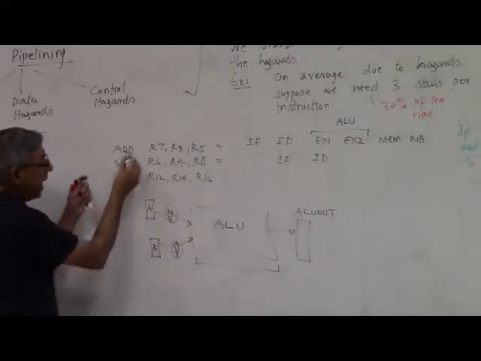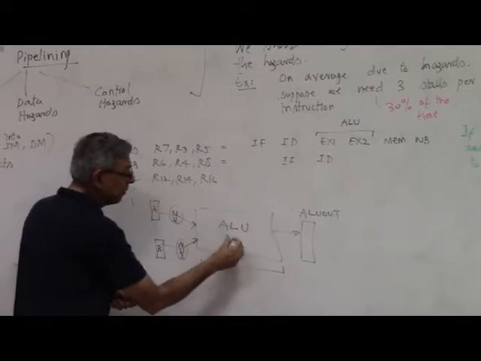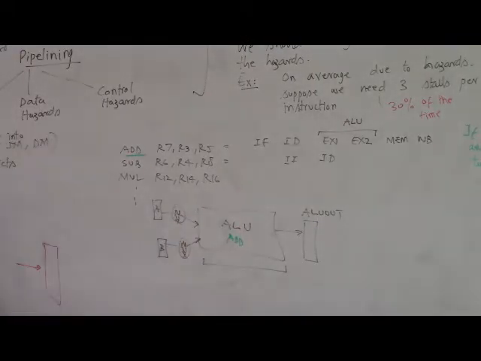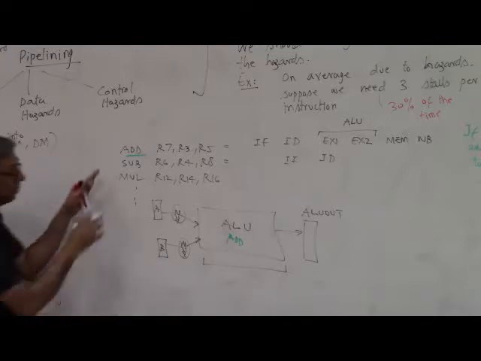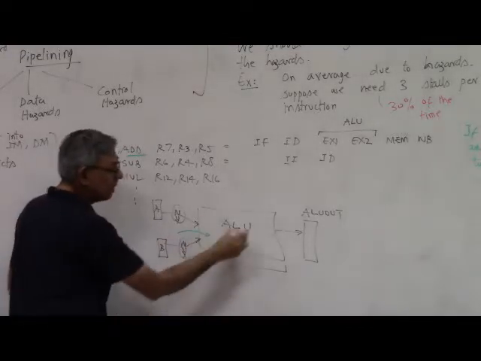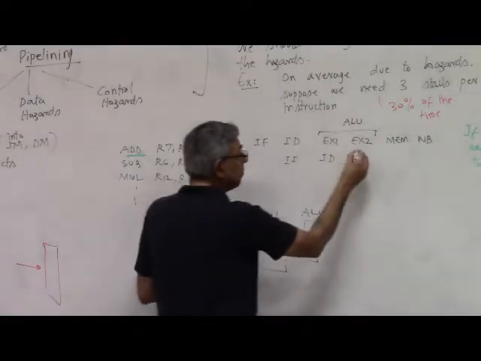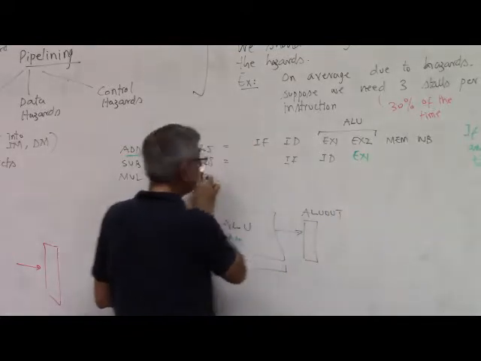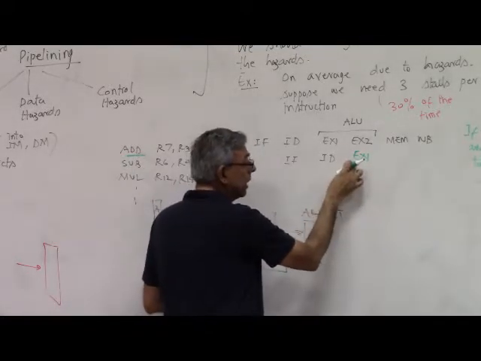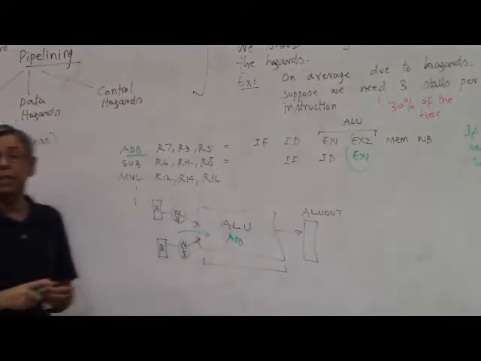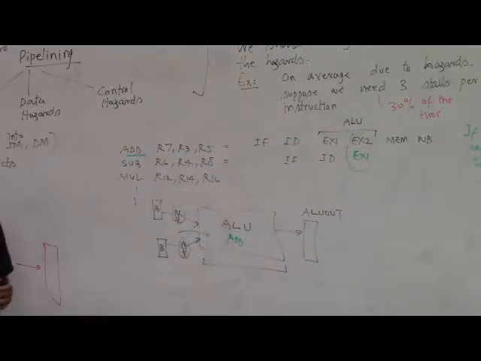So obviously, if the add instruction is somewhere over here, trying to have the ALU do the addition, can the subtract instruction also go and start modifying the circuitry before the add is done? See, this is where the problem is. If we go for the subtract and try to do EX1, the add is already in the second part of it, not fully done yet.